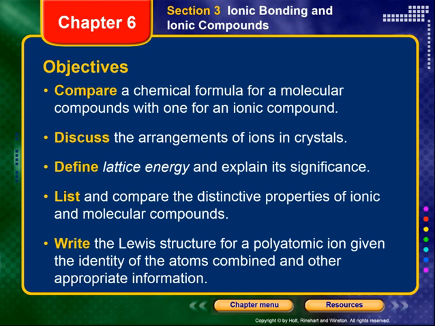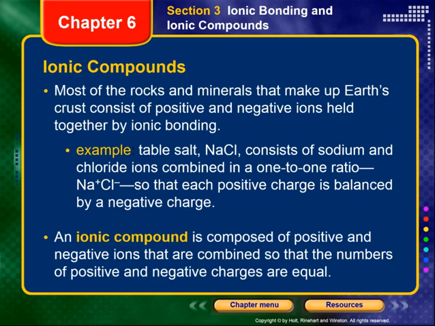And spoiler alert, it's the ionic version of bond energy from covalent bonding. Then I want you to list and compare the distinctive properties of ionic and molecular compounds. And lastly, write the Lewis structure for a polyatomic ion given the identity of the atoms combined and other appropriate information. So let's get started.